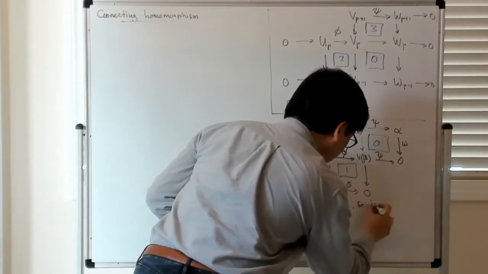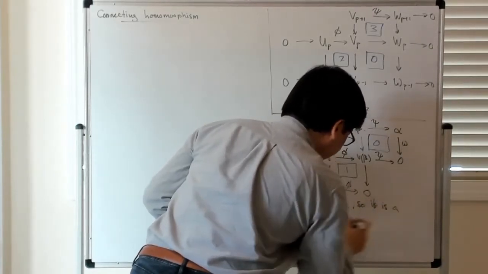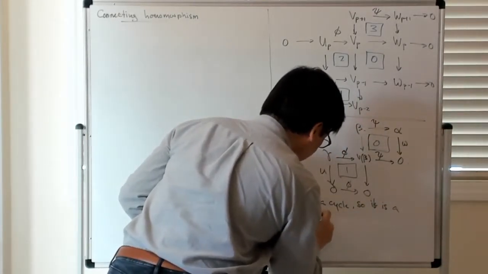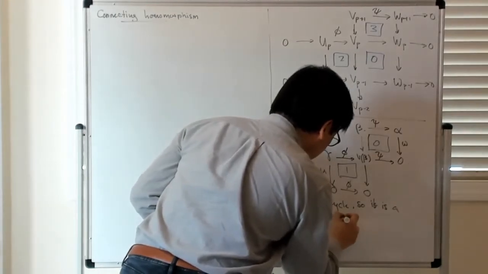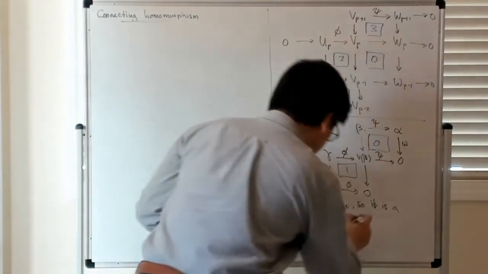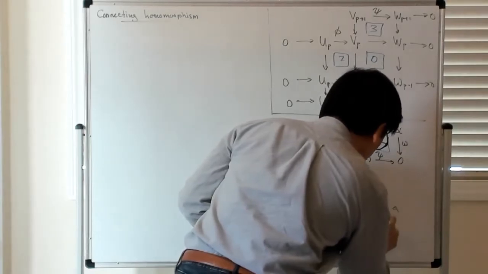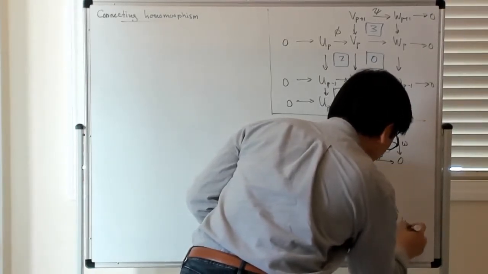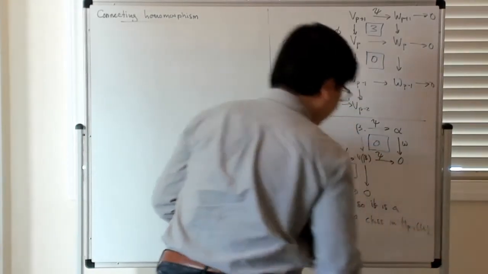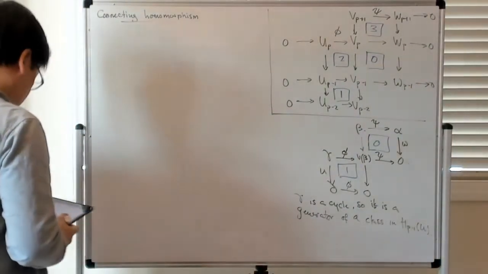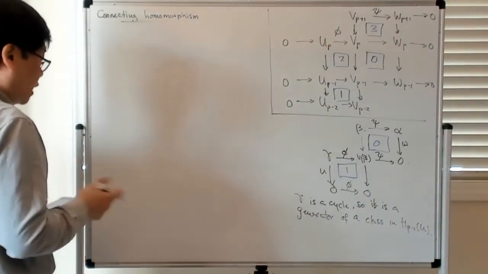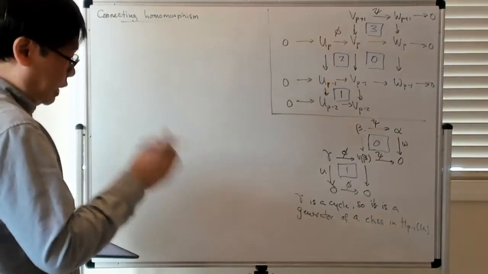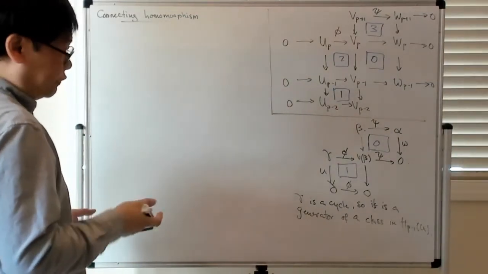So it is a generator of a class in H_{p-1}(U), which is what we want. Now again we have to show that this class doesn't depend on the choice of alpha and beta.